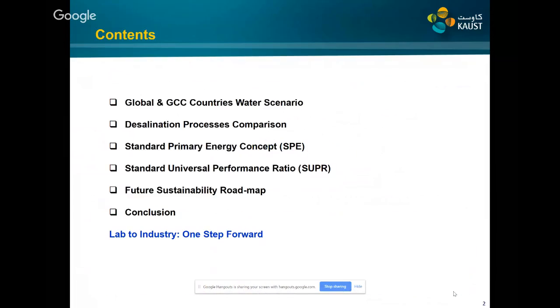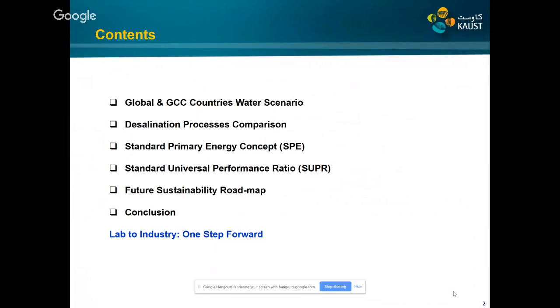But before going into all this detail, I will go through the global and the GCC water scenario, then the desalination process comparison, what the desalination processes are and how we can compare them, and then what our standard primary energy concept is. That is actually the main idea in the presentation.